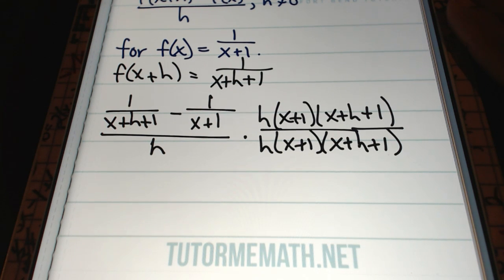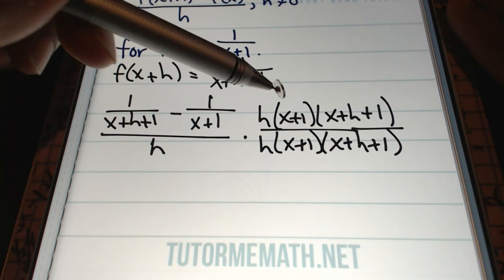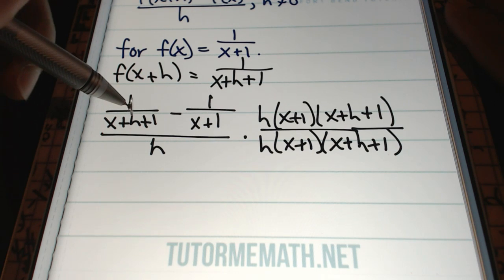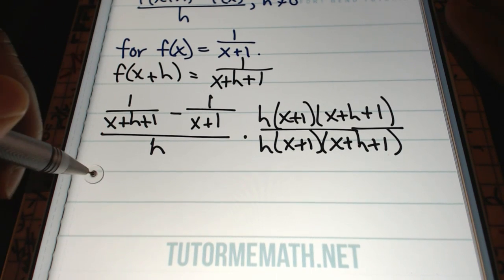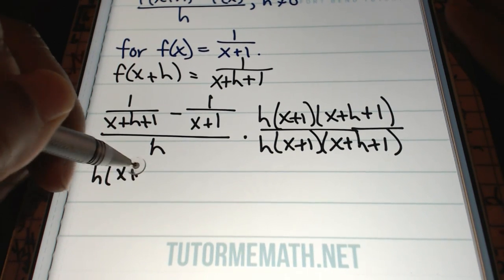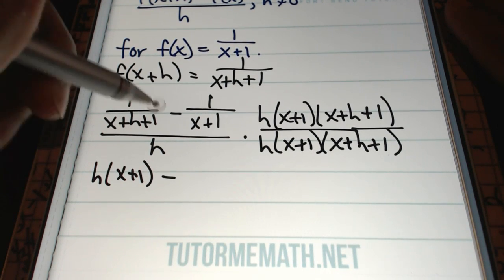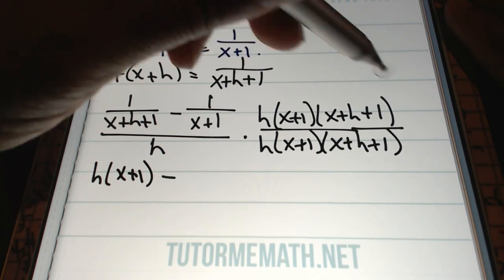You're absolutely right. Let's go ahead and distribute here, guys. So distributing each and every element within this rational expression by our LCD, which is h times the quantity of x plus 1 times the quantity of x plus h plus 1. Oh, Bina is already coming through with a result. Let's see what happens here. I know that my quantities of x plus h plus 1 will cancel out to leave me with h times x plus 1. That's from multiplying the 1 over x plus h plus 1 times this LCD here.